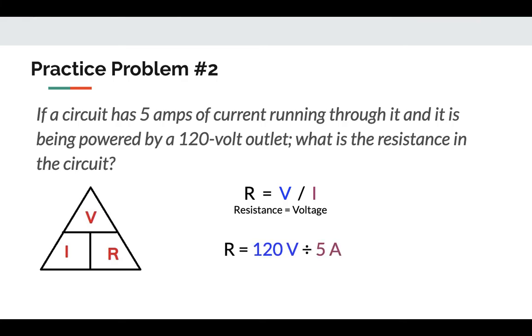I plug in my numbers. My voltage I see in the problem is 120 volts. The resistance is going to be equal to that divided by whatever the current is, which I see is 5 amps. Now I just do my math. 120 divided by 5, and I get my 24 ohms of resistance as an answer.